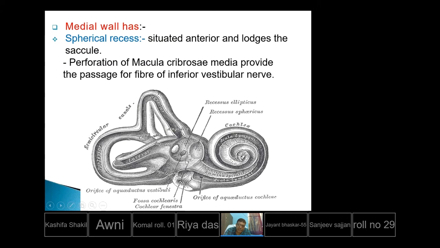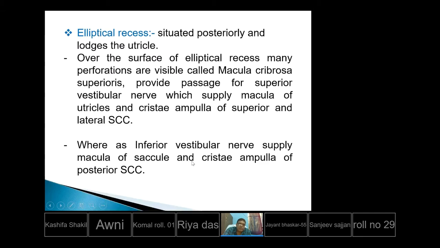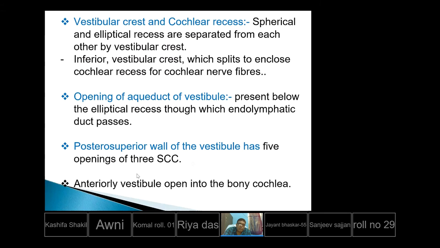This is the cochlear recess, which is for the cochlear nerves. Among the other openings, the opening of the aqueduct of the vestibule is very important. It lies just below the elliptical recess, and through it pass the endolymphatic duct and sac.